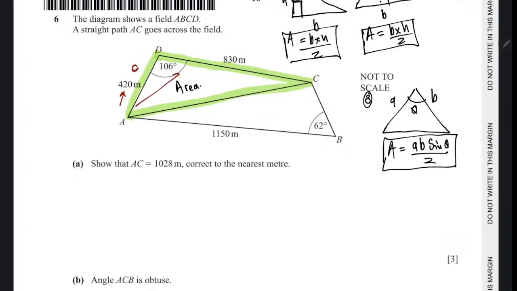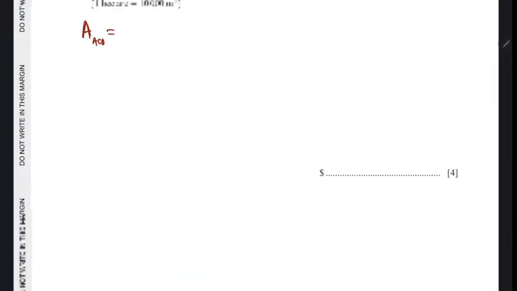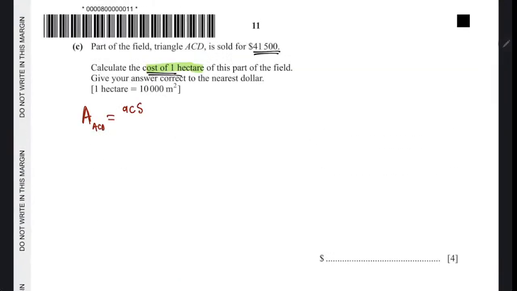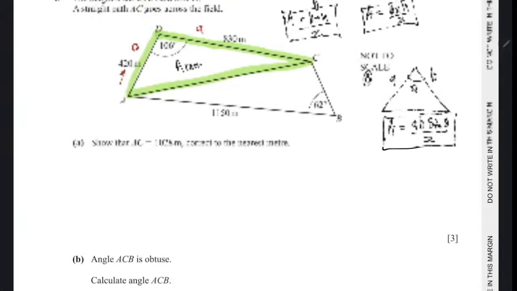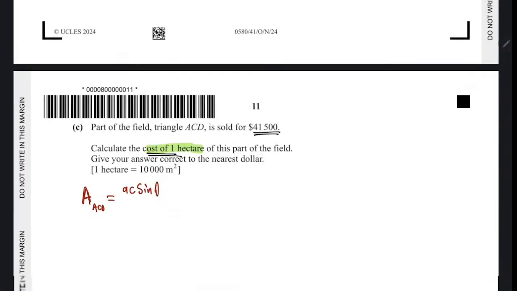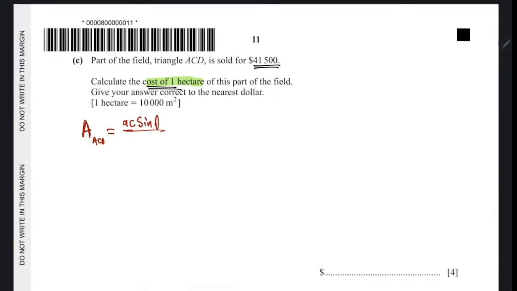This one is opposite capital A, so it's called small a. So if you want, you can say it is A times C times sine theta, which you can say sine D, because the angle is at big D. So you can say A times C times sine D all over 2. In other words, you know the formula, AB sine theta over 2.